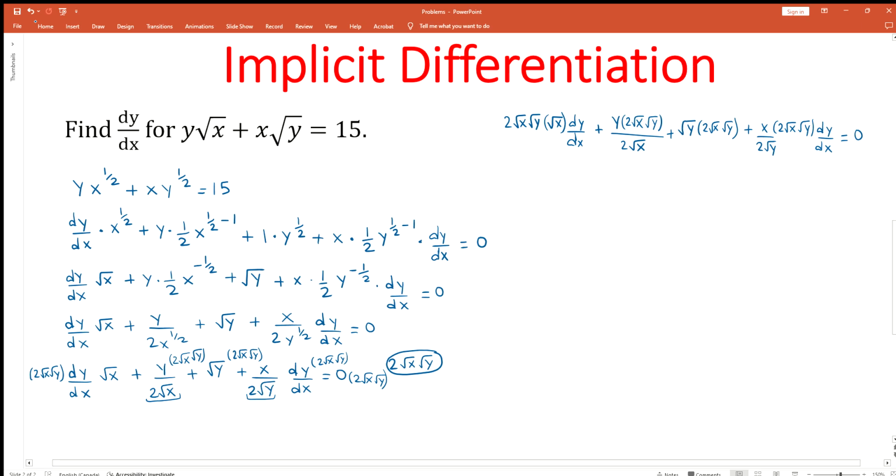Now we can simplify the terms. In the first term, square root x times square root x is equal to x. In the second term, 2 and square root x cancel each other out. We are left with y square root y. In the third term, square root y times square root y is equal to y. And in the fourth term, 2's and square root y's cancel each other out.